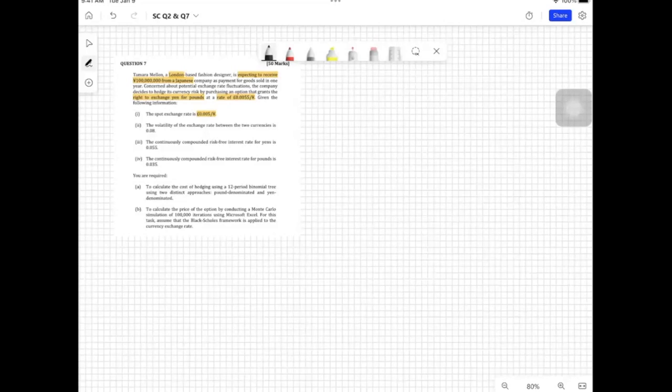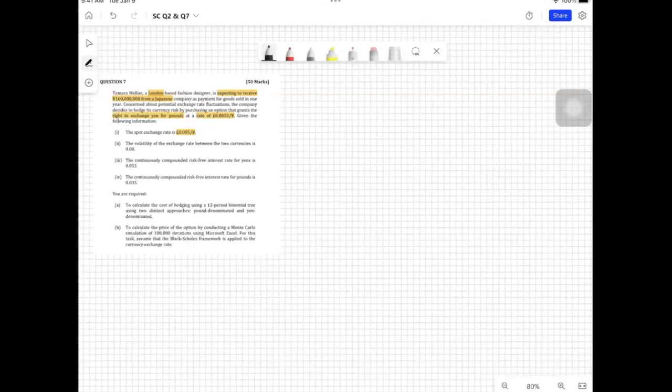So for this question here, it's basically a London-based fashion designer. Let's look at it from the perspective that we are earning British pounds, while we are expecting to receive 100 million yen from a Japanese company as a payment for goods. And then we are given all the information here.